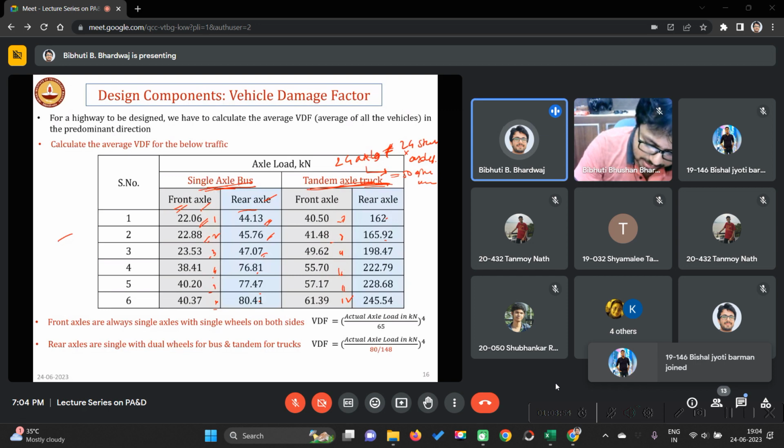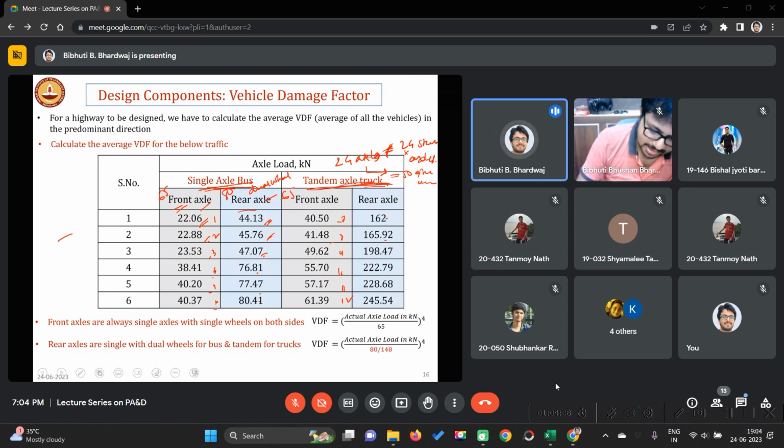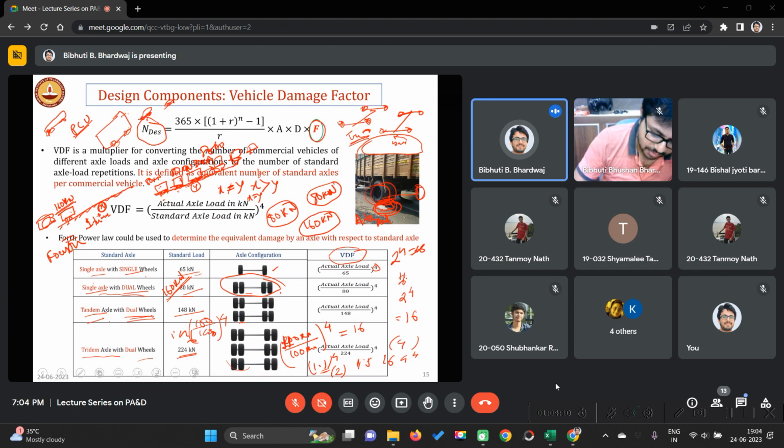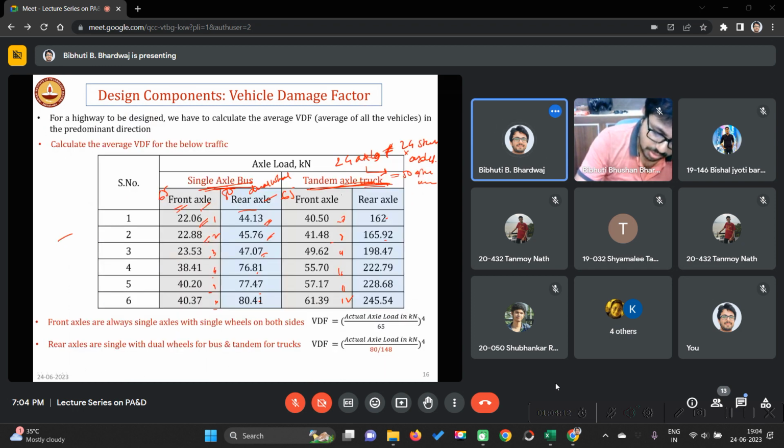Sorry, it's a single axle with dual wheel, so here it will be 65, here it will be 80, here again it will be 65 for the truck, and for the tandem axle with dual wheel it is 148.